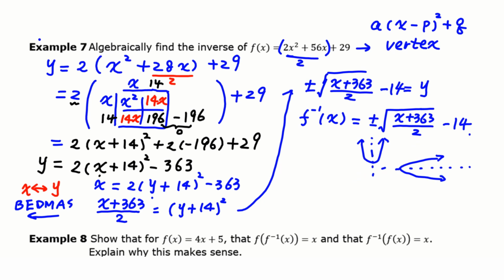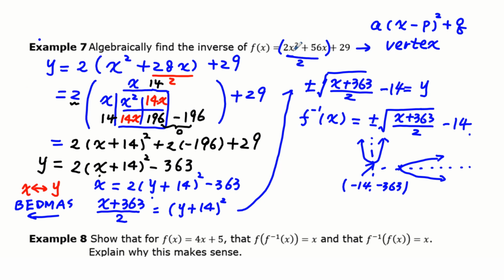Okay, so this is negative 14, negative 363. This is your original vertex. And this point, you flip it, and you will have the inverse of the function, this point. So that is example 7.